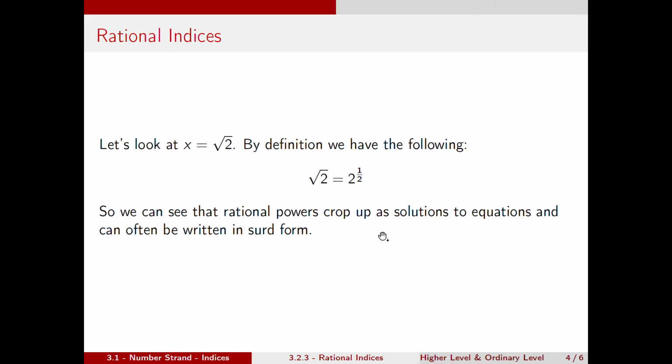So we've seen that they crop up as solutions to equations, and often enough you can write rational indices in surd form, and surd form is the word for the square root of 2 or the cube root of 2 and so on.